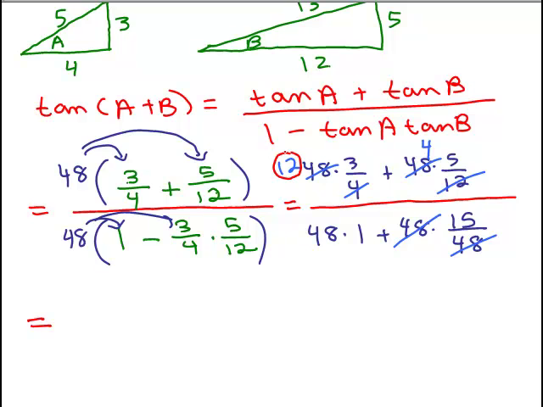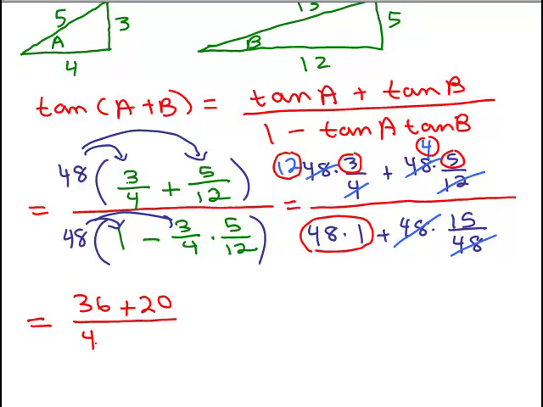Make sure you see those get multiplied together. So I'm going to get 36 plus, and then I've got my 4 times my 5. That's 20. And now in the denominator, I've got to do 48 times 1, right? That's just 48. And these canceled, right? So I just have plus 15.